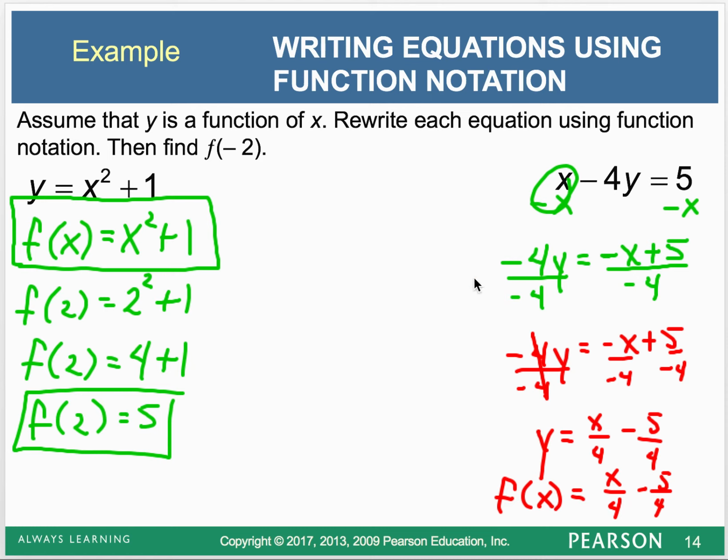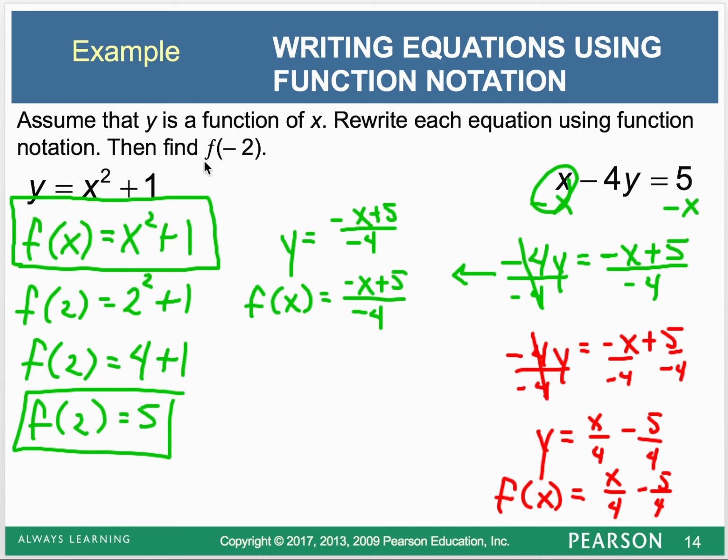Or if you preferred this, that's still going to cancel, and you have y equals negative x plus 5 over negative 4. And now I can replace that with f of x equals negative x plus 5 over negative 4. And either one of those is fine.